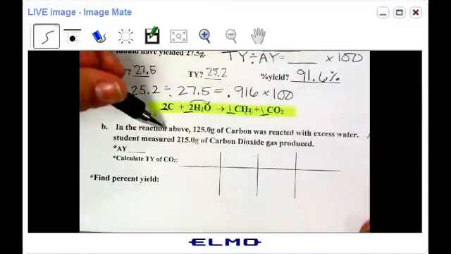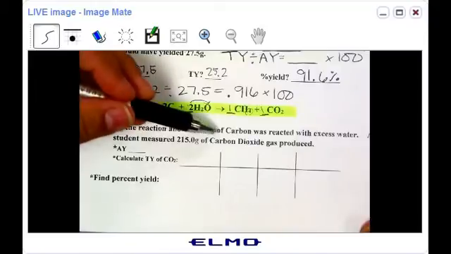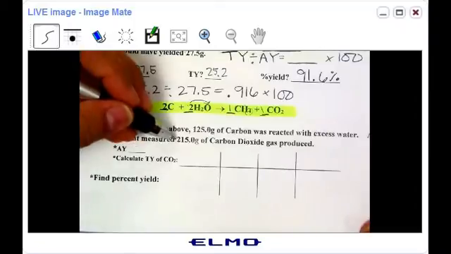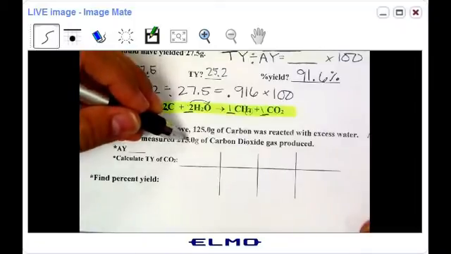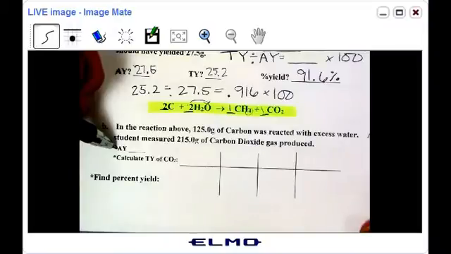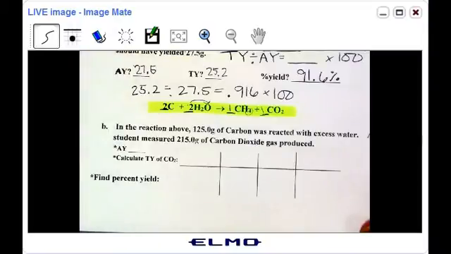In the reaction above, 125 grams of carbon was reacted with excess water. A student measured 215 grams of carbon dioxide gas was produced. So it wants the actual yield and calculate the theoretical yield of carbon dioxide.